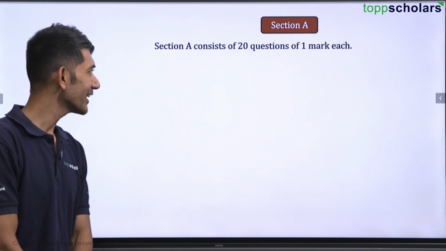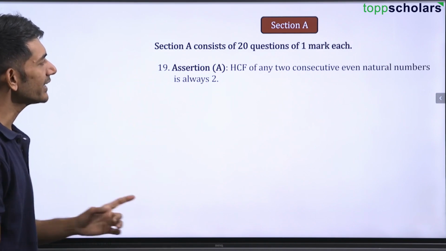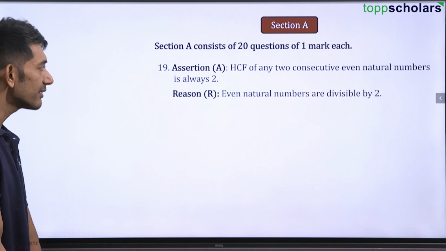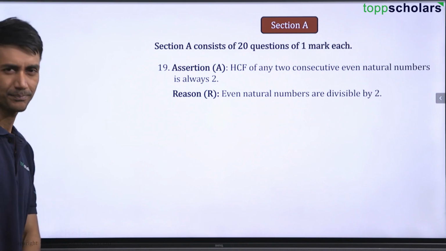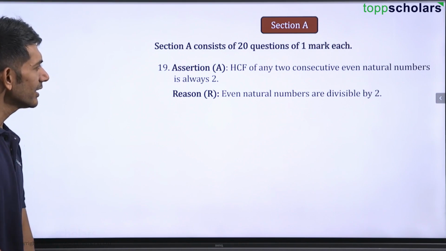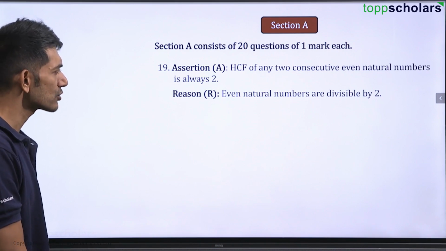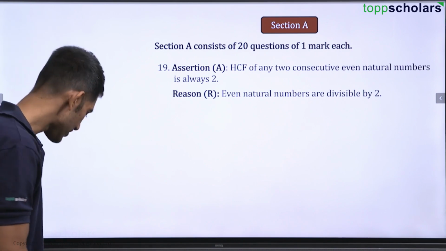Okay, so we need to check that. The question says the HCF of any 2 consecutive even numbers is always 2, and the reason says every natural number is divisible by 2. Okay, the HCF of any 2 consecutive even natural numbers is always 2. Is it true or false? Let us check.